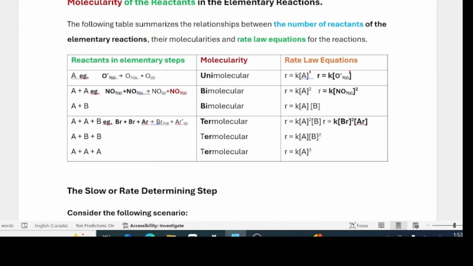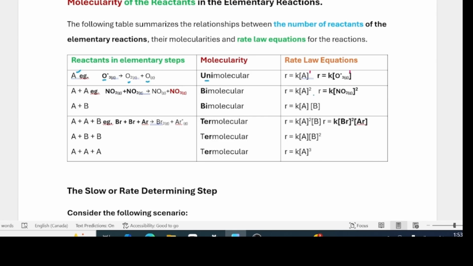So this brings us to something called the molecularity of the reactants in the elementary reactions. Let us suppose an elementary reaction had only one species, A. It is said to be unimolecular, and it will have a rate law expression of k times A to the first power, as exemplified by an activated ozone molecule decomposing to give an oxygen molecule and this oxygen atom here.